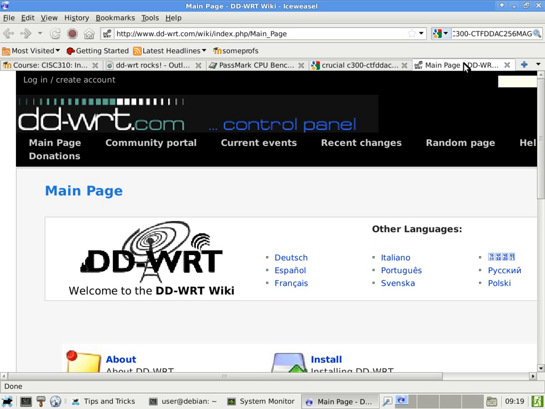Have you heard of Tomato? Nope. No, that's another one. I have not been looking for stuff like this, because my router has been working just fine for many years, so I have not had the need to look into anything that's different. But this one is interesting because it is an open source project, okay? And they even have support from hardware manufacturers. In other words, Netgear, Buffalo is a big one, okay?